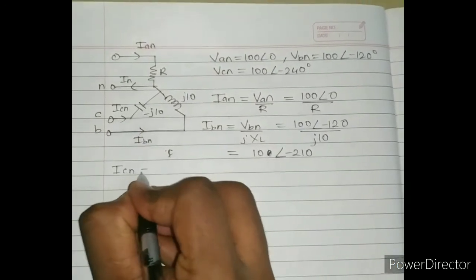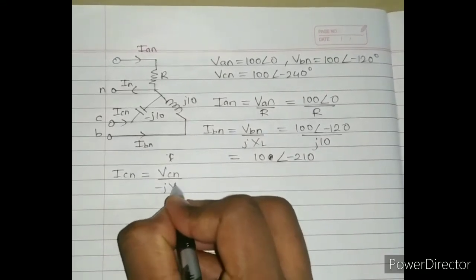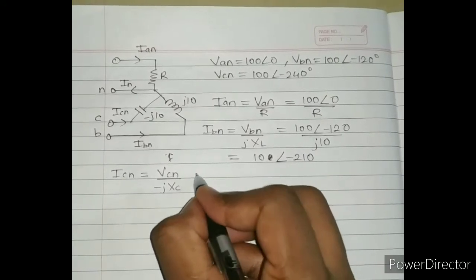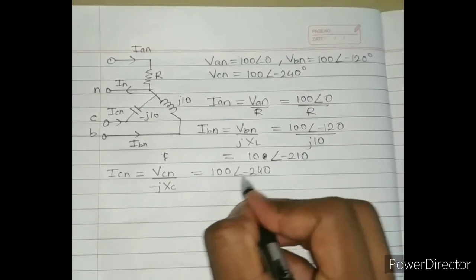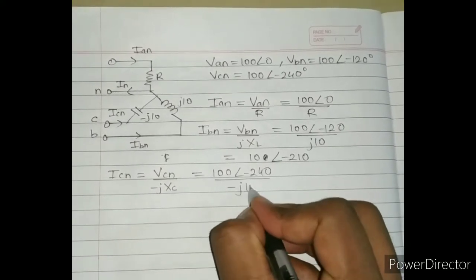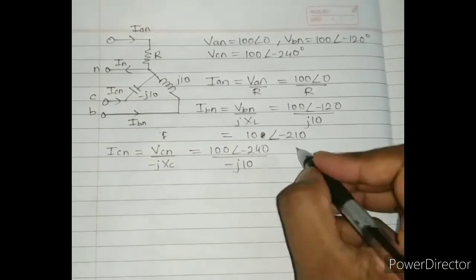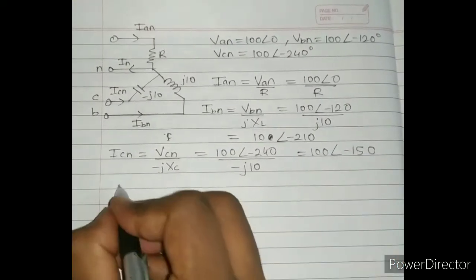ICN is equal to VCN upon minus jXC, which is 100 angle minus 240 upon minus j10, which is 10 angle minus 150.